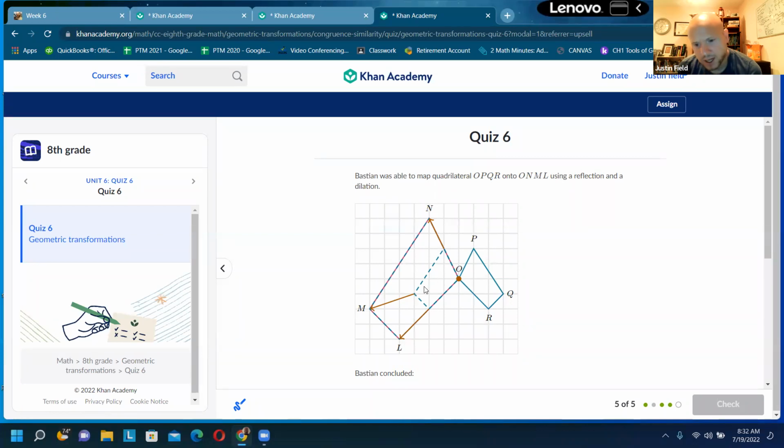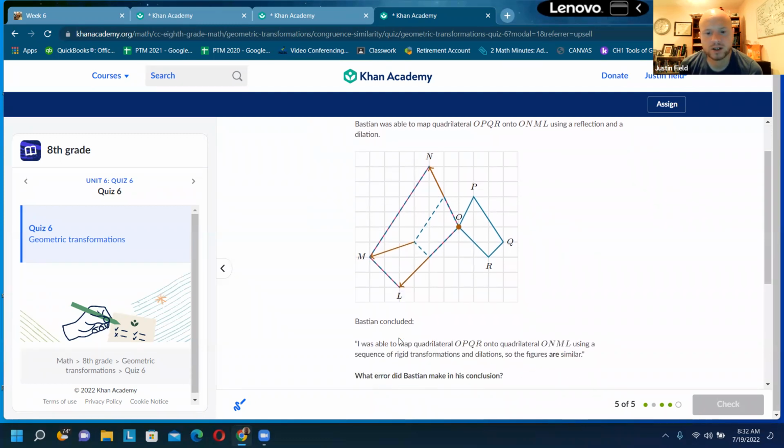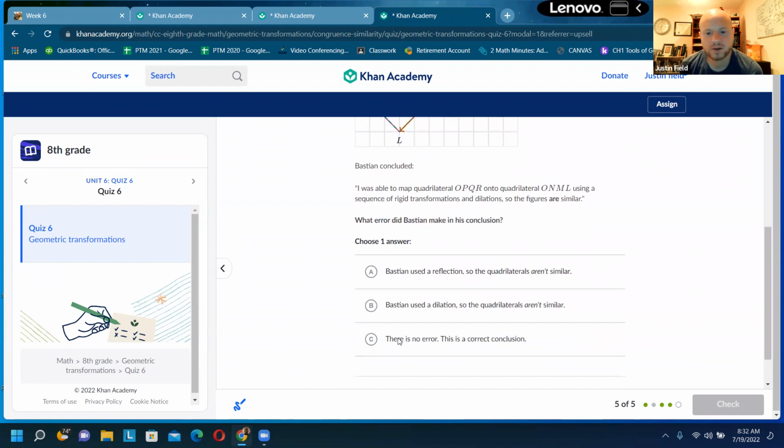Did he reflect it? And this dashed figure is a reflection of the original. And then he used a dilation to make the figure bigger. So he said they're similar. So we're going to say Bastian used a reflection, that's okay, and he used a dilation, that's okay.